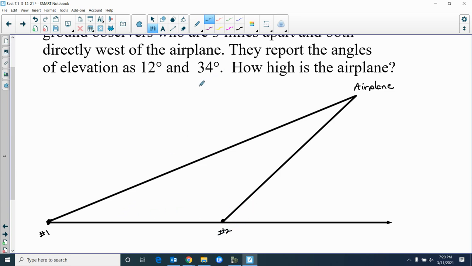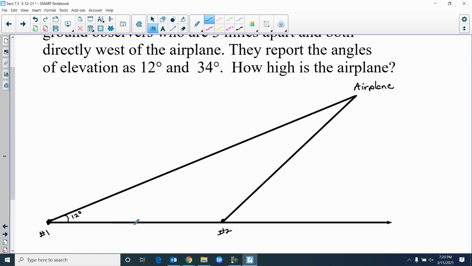Now you got two angles of elevation. It's important that you put these in the right spot and correctly label them. Because this one could be 12 or 34. This one could be 12 or 34. Well, if you think about it, one has to be 12, one has to be 34. The further away it is, this will be the smaller angle.